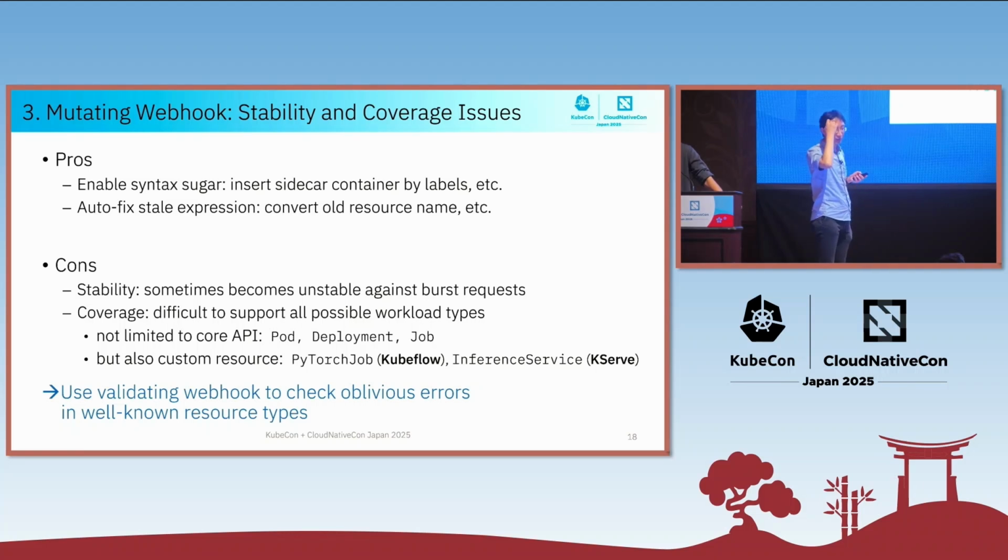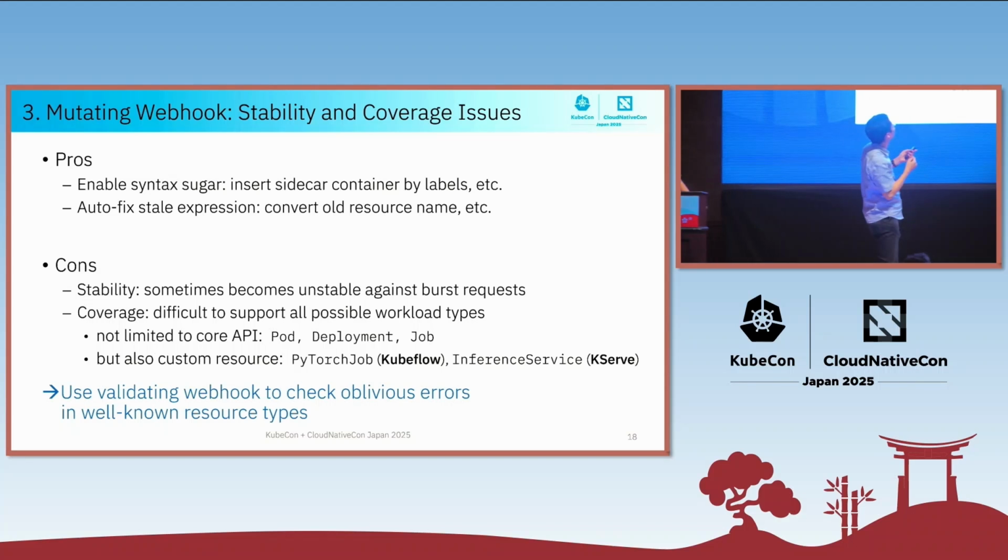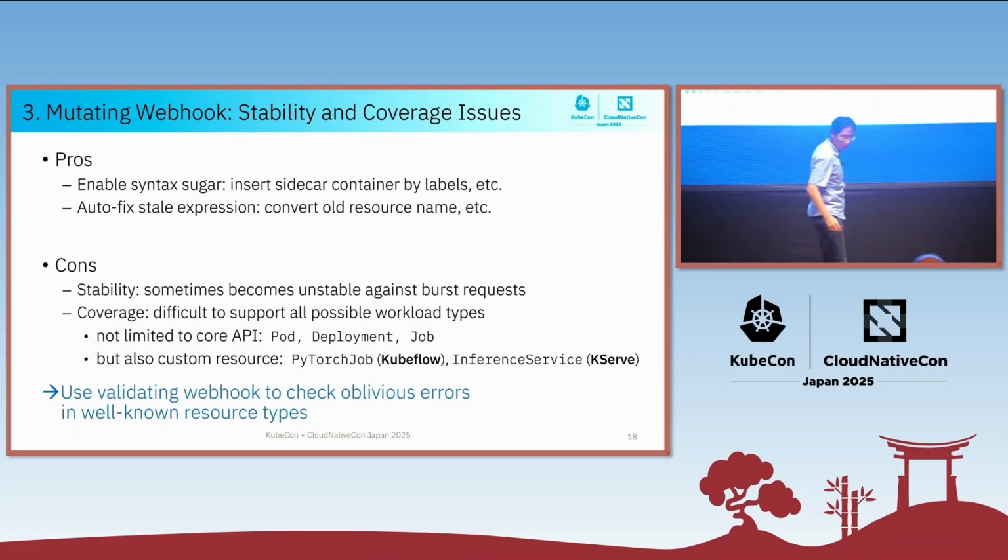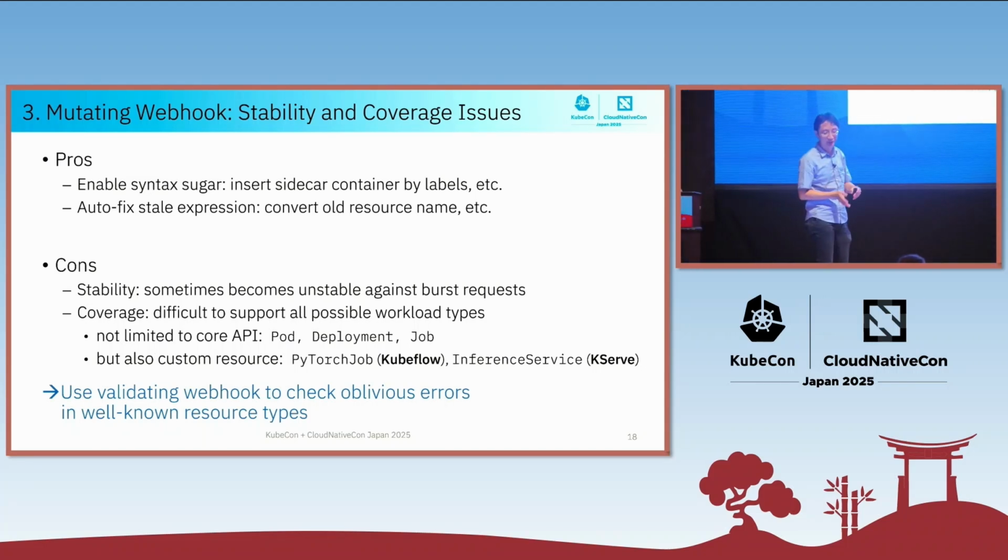And the third lesson learned is mutating webhook. Again, it's stability issues against the burst request. Mutating webhook is very useful for the end users to automatically configure or fix the manifest, but it changes the manifest, which occasionally introduces some inconsistent situation.